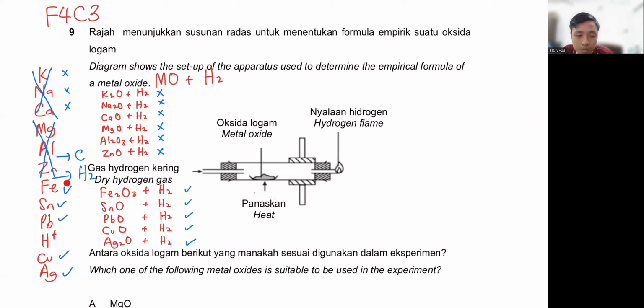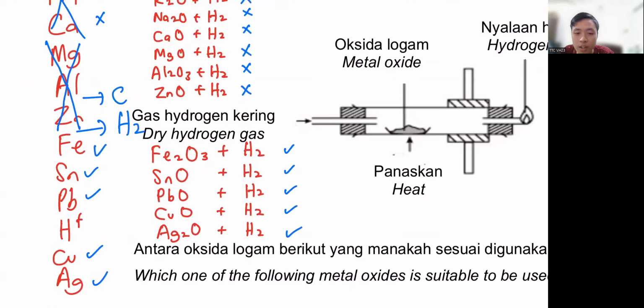So the accepted ones are iron, tin, lead, copper, and silver oxide. This one is accepted. Why? Because this one can react with hydrogen, so that the lonely hydrogen can take away the oxide from Fe. They can replace because remember the top one is stronger, the bottom one is weaker.